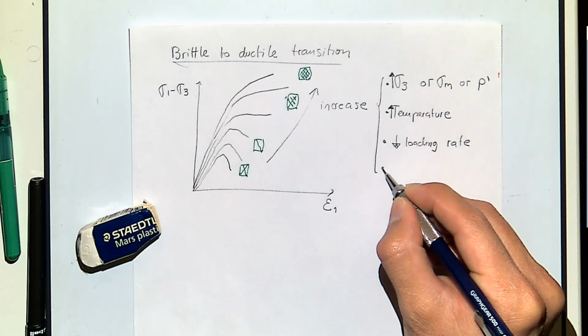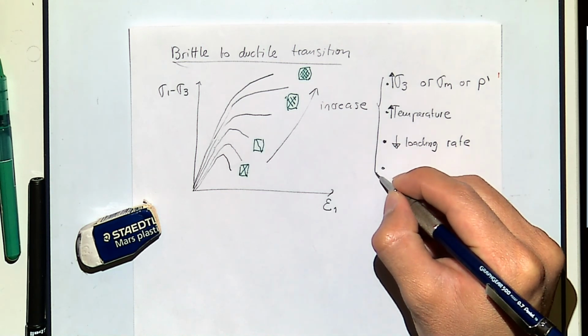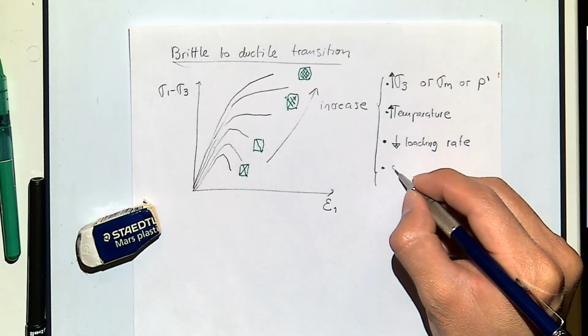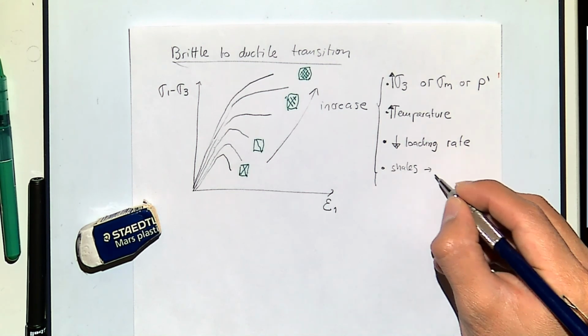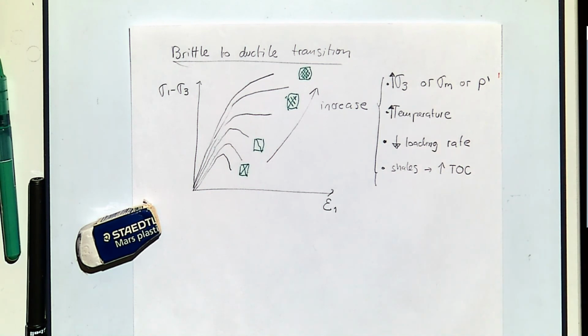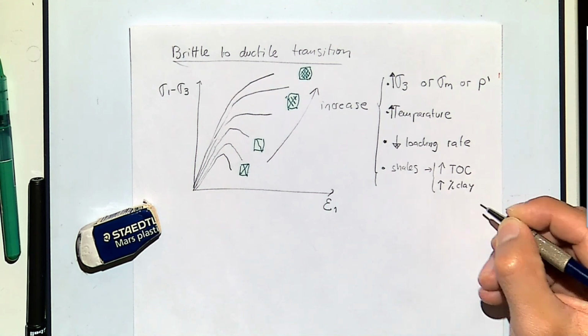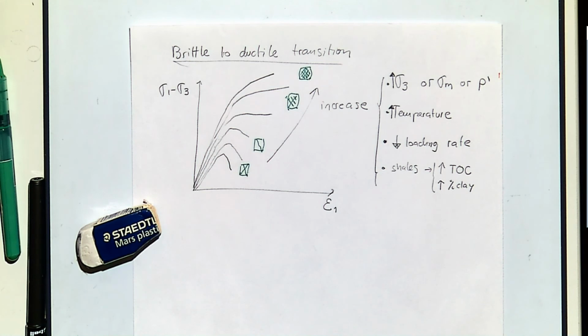Another one, very interesting, that I knew was out there, but an undergrad student recently told me I should include, particularly for shales, is that increasing organic matter will also make the rocks more ductile. And also increasing the percentage of clay would make shales behave in a more ductile manner.